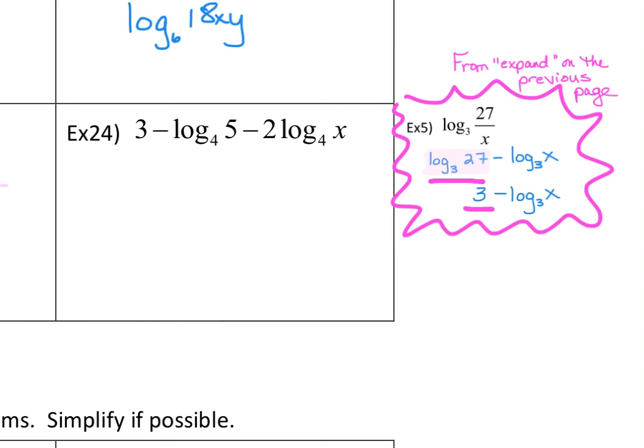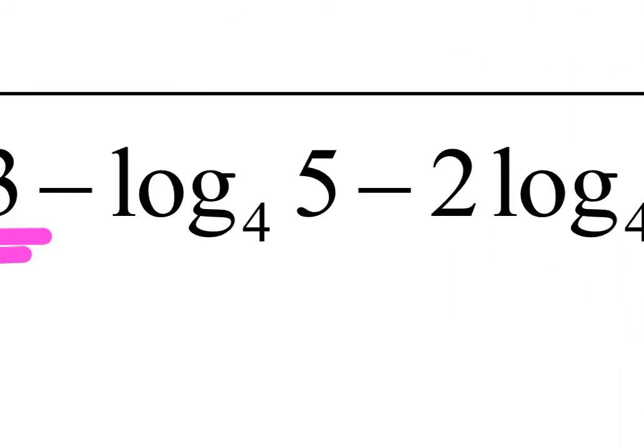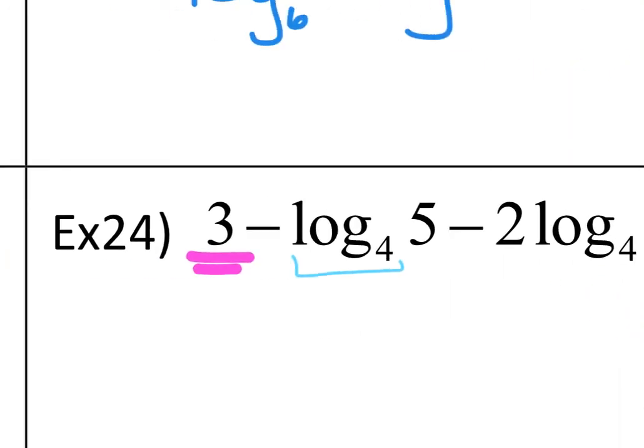And so remember, the other thing is that condense and expand are opposite functions from each other. They're inverse functions, or you're doing the forward and backwards kind of a thing. So here I'm giving you a whole number that doesn't have a logarithm on it, and you need to change it to something that is a logarithm, but this time, because the rest of the problem is base 4, you need to change this to something base 4.